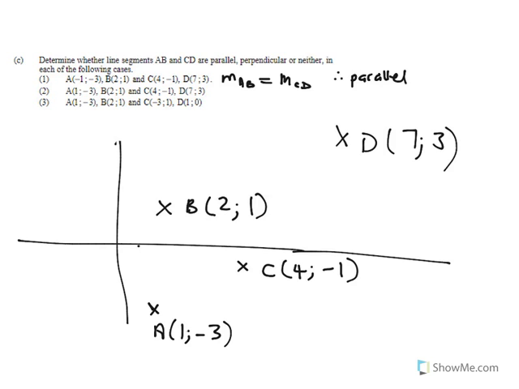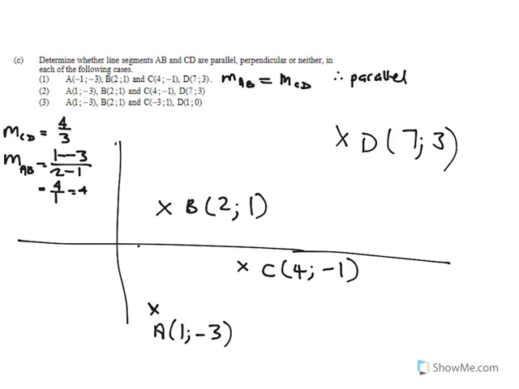We need to figure out whether AB and CD have any kind of relationship. So m_CD we've already worked out to be 4/3. m_AB is (1 minus -3) over (2 minus 1), which is 4 over 1, which is just 4.